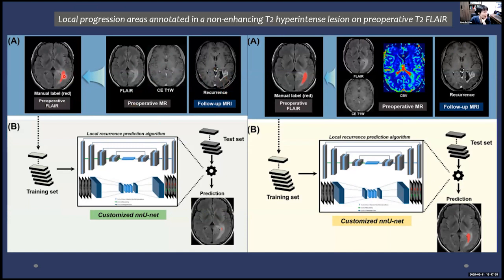So the local progression areas were manually annotated, and these 2 images were fed into the conventional model, whereas those, in addition to the CBV, were fed to the multiparametric MRI model to see how they differ in their ability to predict the local progression.